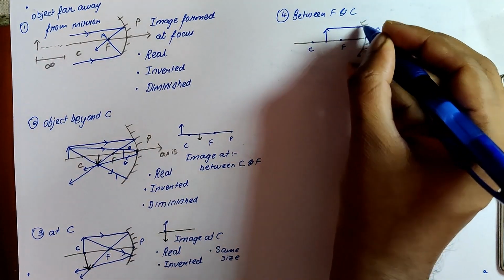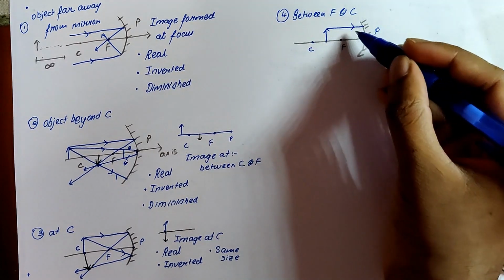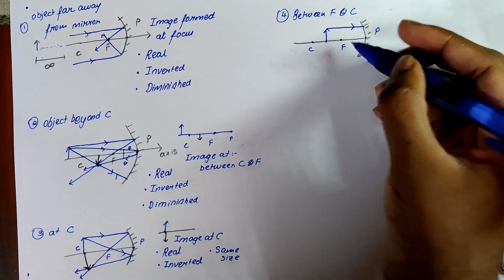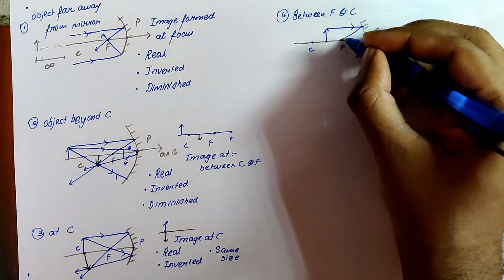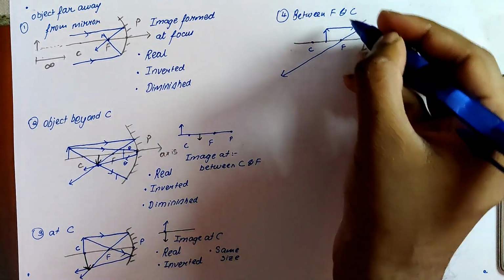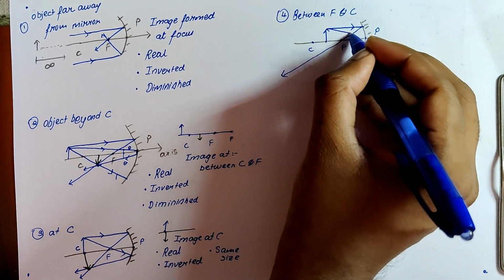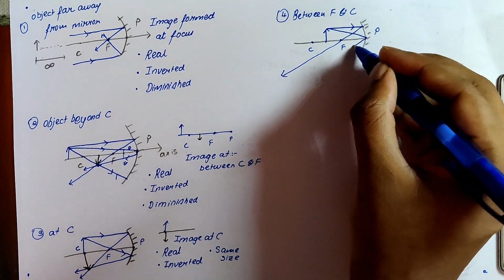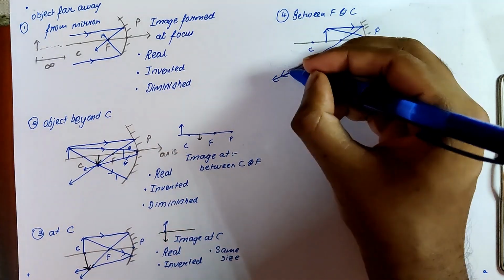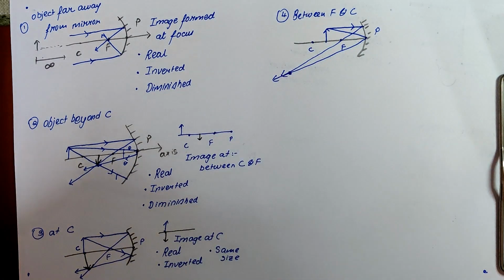So draw a light ray parallel to the axis, and that will pass through the focus, and I'm going to draw a light ray through the pole and then it reflects back out. You can see it's been intersected here.